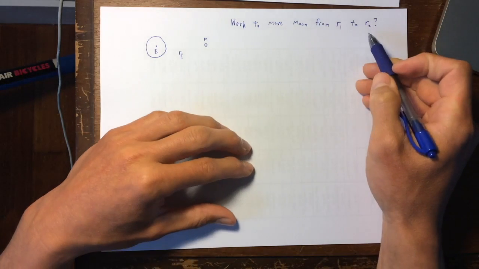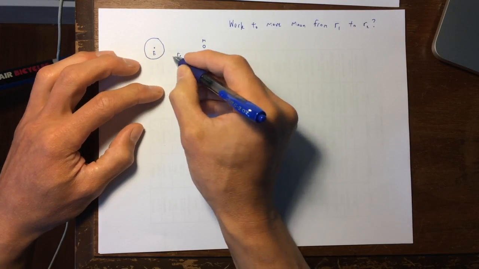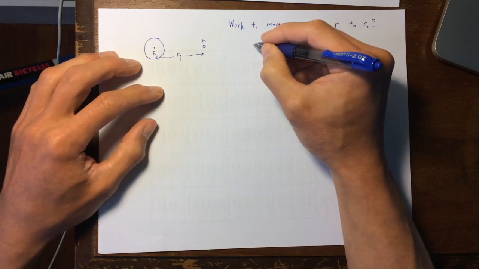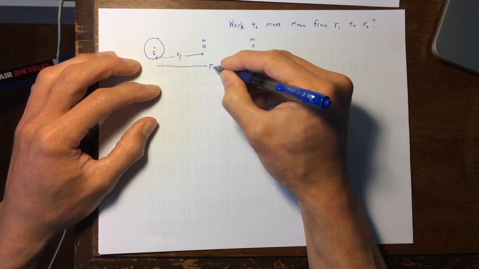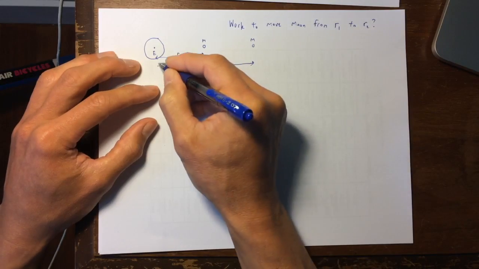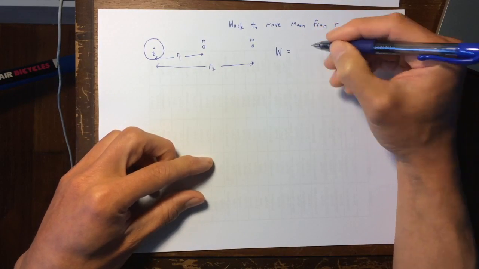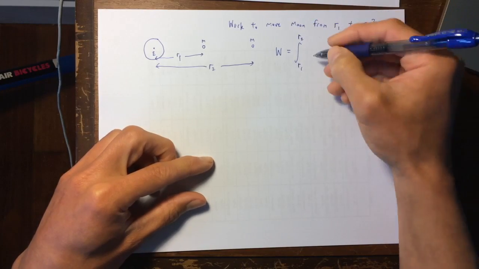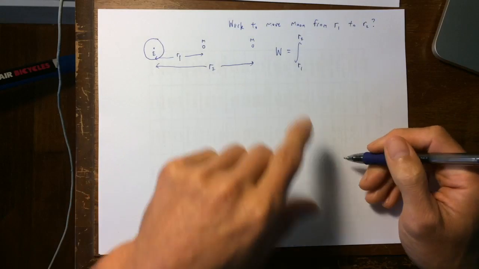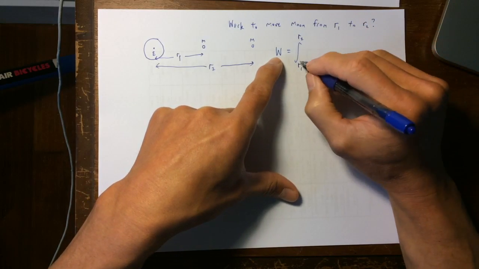So that's what I'm going to do now. Here it is at r1 from the center, and I'm going to move it out to r2 instead. So this work done is equal to the integral from r1 to r2. We have to be pretty careful. This is the work done.